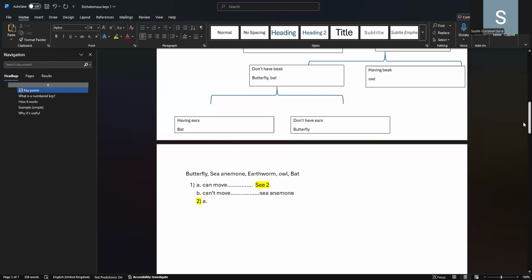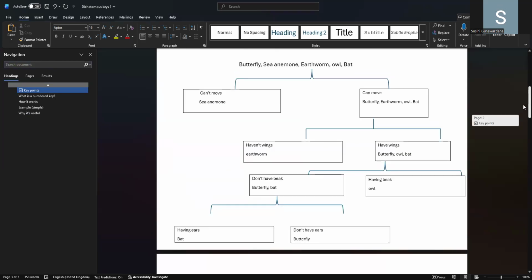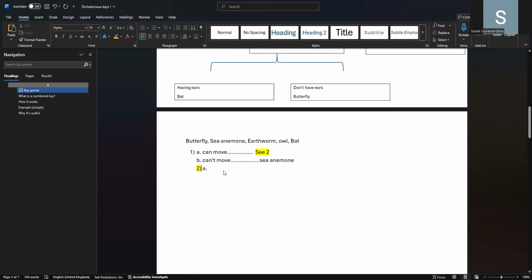What is the thing that we wrote in there? I will be writing the same thing here. Having wings and don't have wings. Have wings, and don't have wings. That is B.